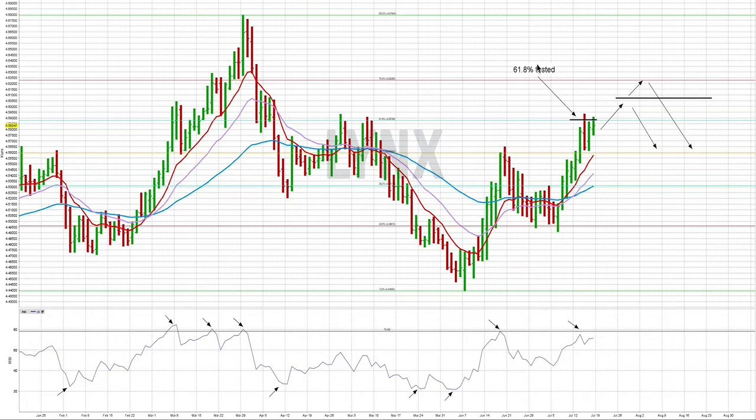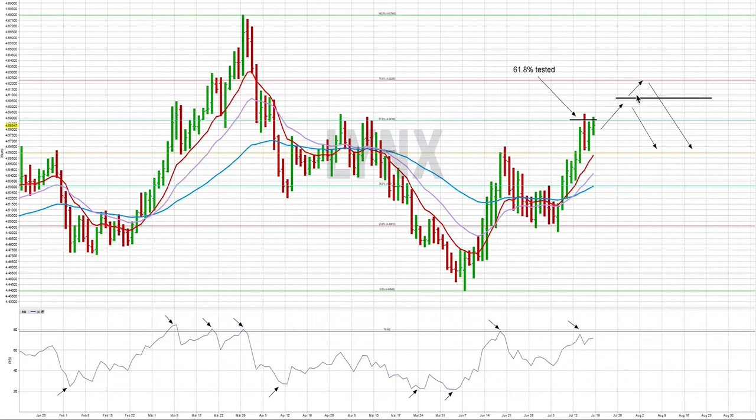And as you can see, I made some comments in here. The 61.8 level at 458, 459, very shy of that mark, has already been tested. I simply added some arrows, some possible moves to the upside here, and of course some reactions when trying to get to these levels.